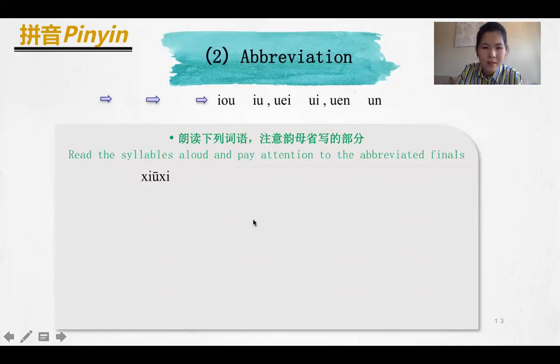Okay, let's see. 休息, so xiu, right? But if you only spell it with i and u, it will be iu, right? But actually it's iou, 休息. 睡觉, 睡觉, shui, u and i together is uei.